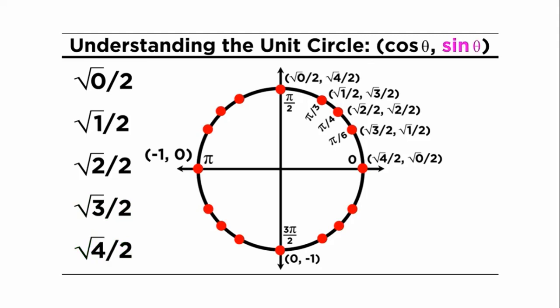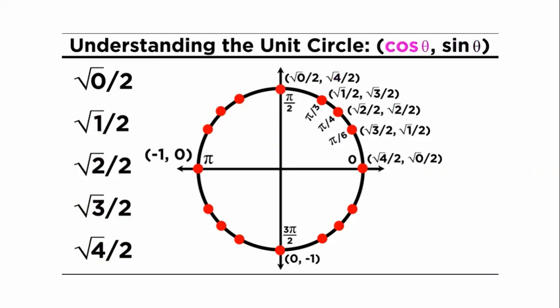Now, if we look at the sine values for these angles, which correspond to the y-coordinates of the points, we can start at the x-axis, where the y value is √0/2. We climb up to √1/2, then √2/2, then √3/2, then √4/2.